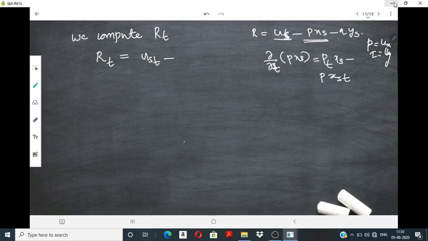In the similar way, we can find the derivative of q y_s with respect to t: q_t into y_s minus q into y_st.